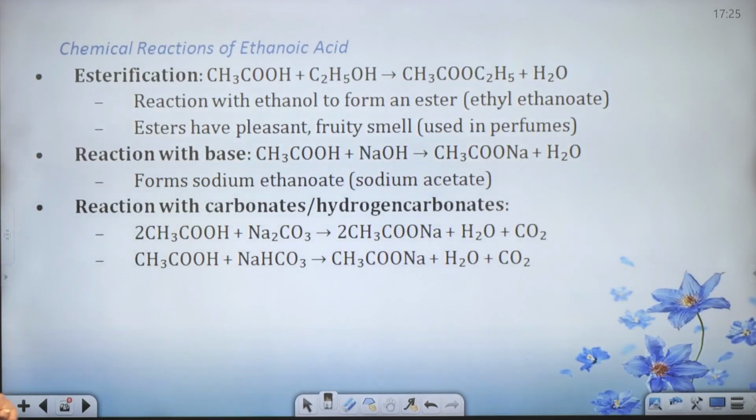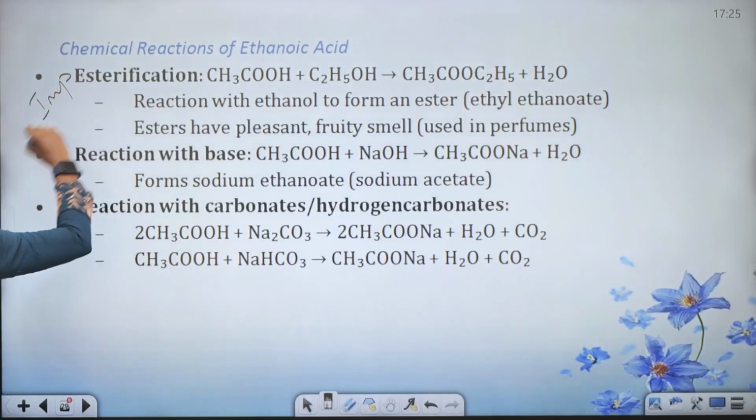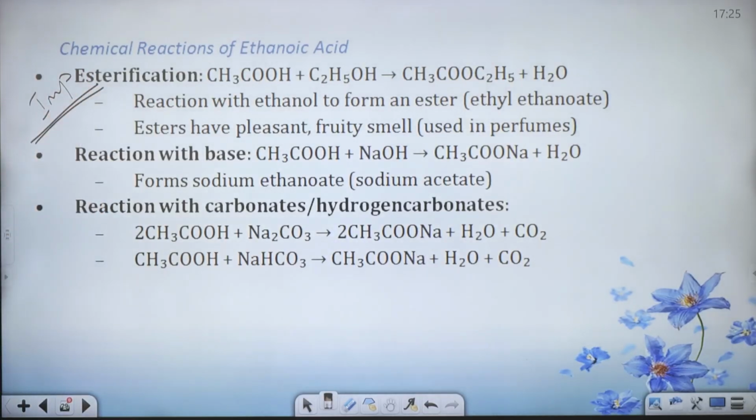Next, the chemical properties of ethanoic acid. The first chemical property is esterification. This is an important reaction, the esterification reaction.